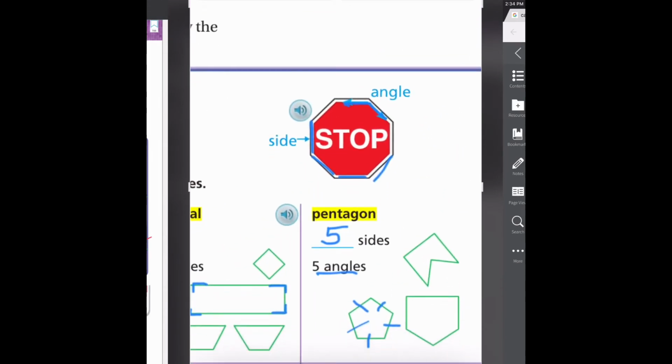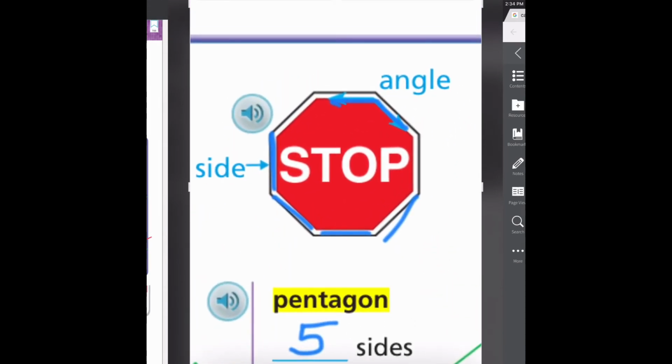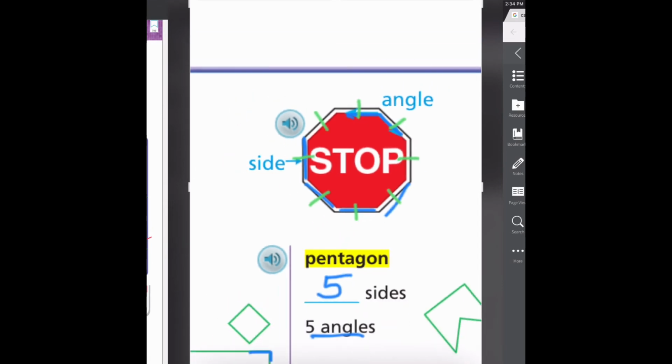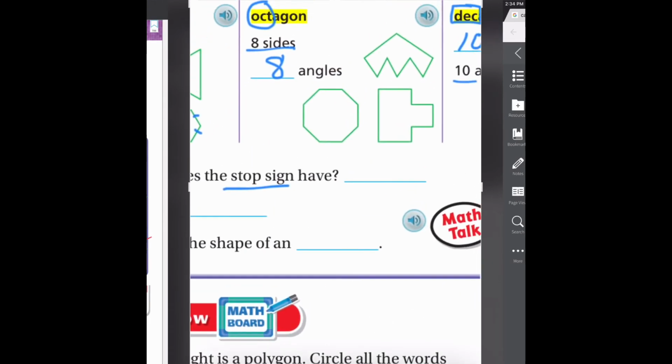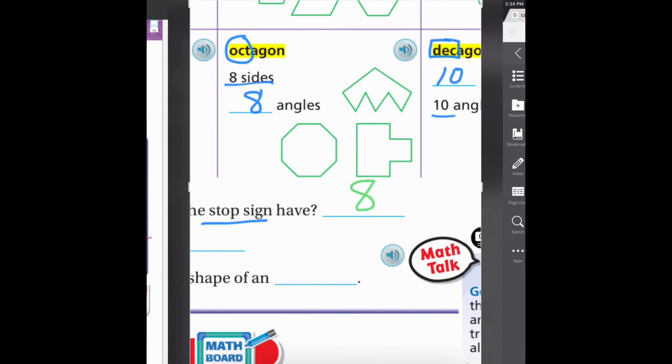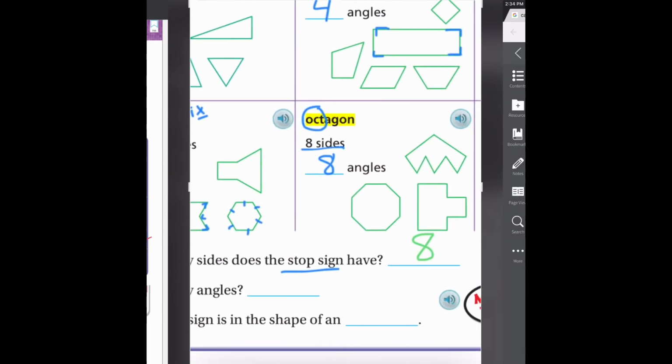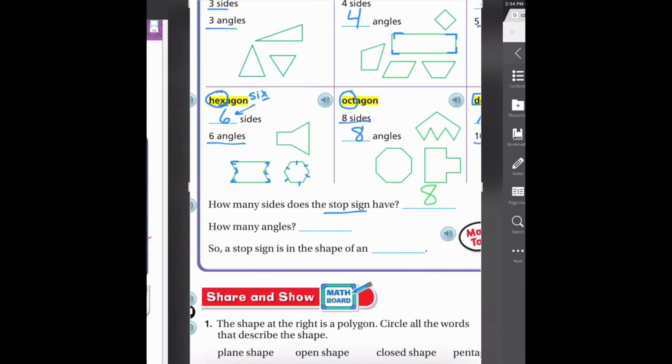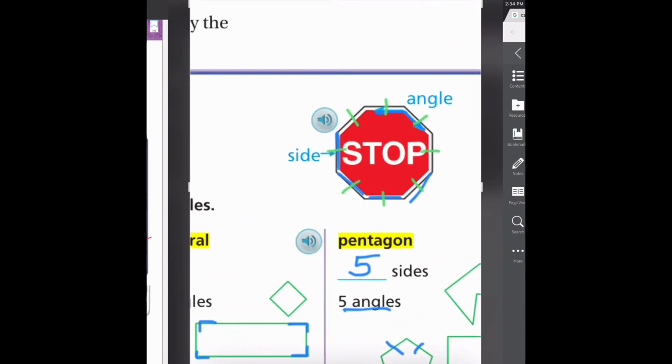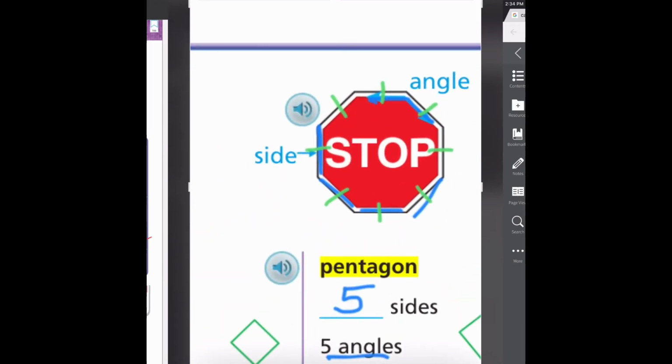Let's go up here and count those sides. Pull up a new color here. There's 1 side, 2, 3, 4, 5, 6, 7, 8. 8 sides on our stop sign. How many angles does it have? Well, by now we know if it has 8 sides, it needs to have 8 angles, but let's count them up.